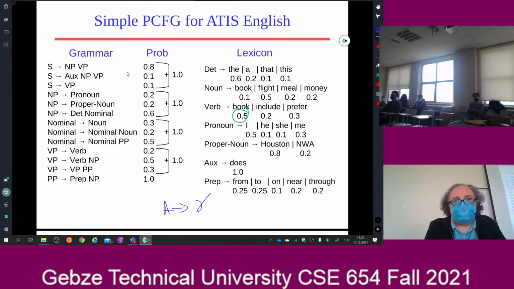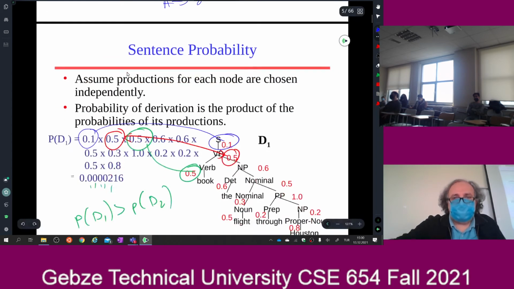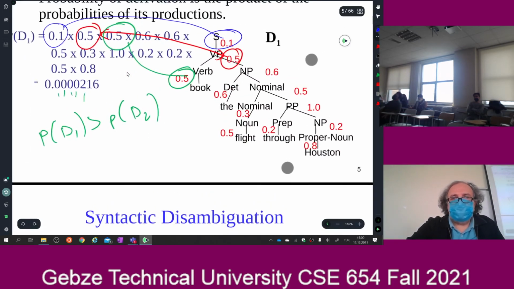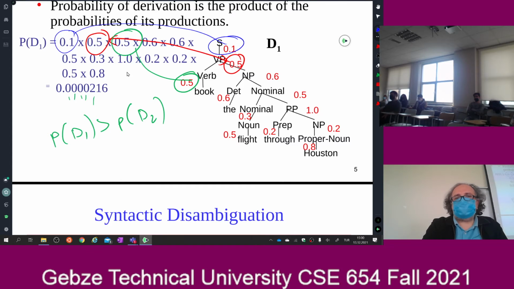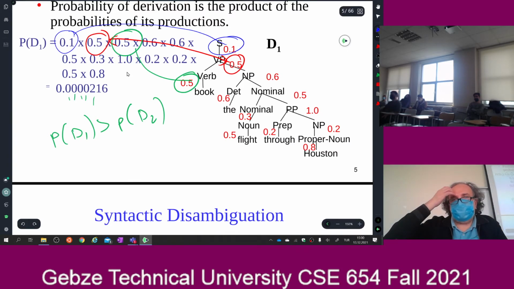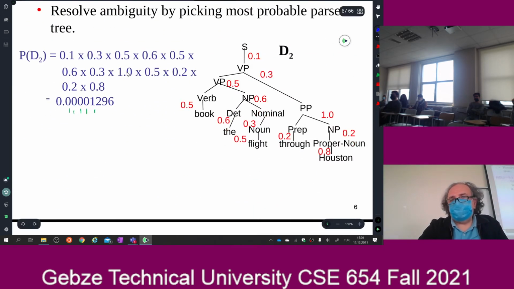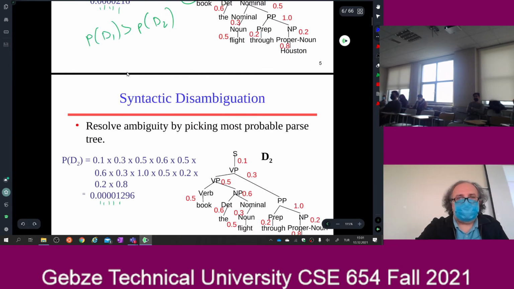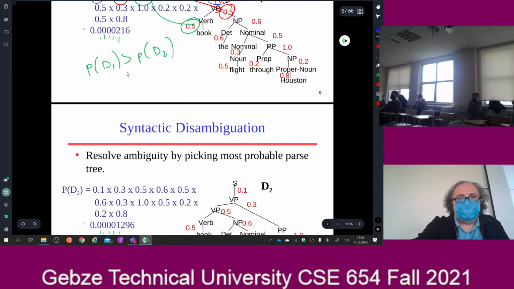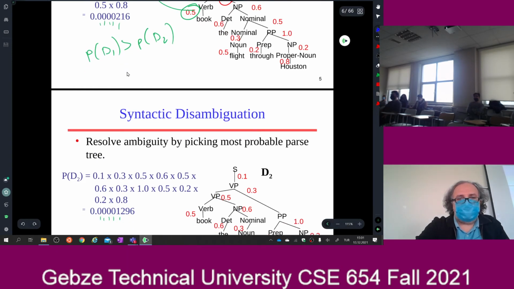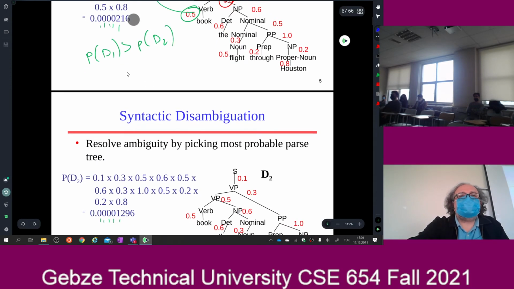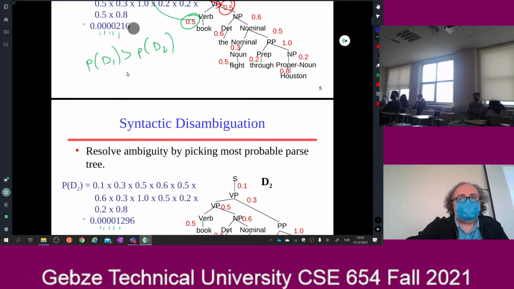If I have this, you just multiply all these numbers and you get the probability of parsing the tree that way. Book the flight to Houston, or book the flight to Houston the other way, and this is this much. The difference is how many zeros? 4 zeros and 4 zeros. I think this one has twice the probability, right?